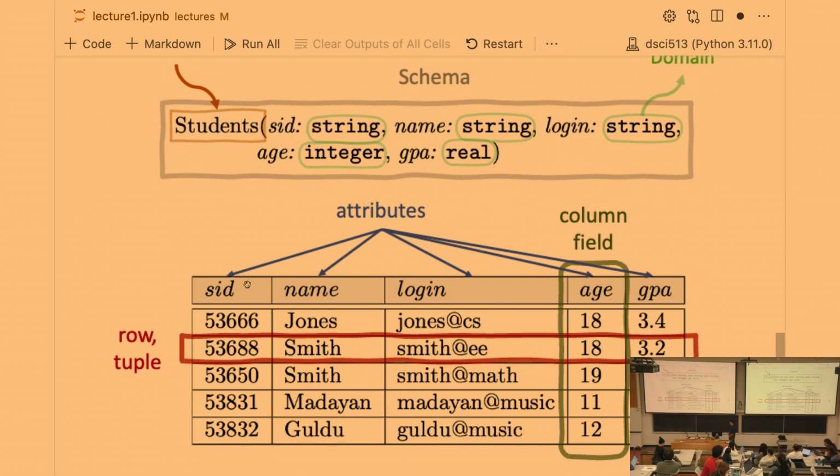SID, name, login, age, GPA, those are attributes. Sometimes you might see that these are also called fields. And each row, we can call it simply a row, but in the relational model you'll often see these called tuples. So each row is also called a tuple in relational model terms. Okay, that's worth remembering.